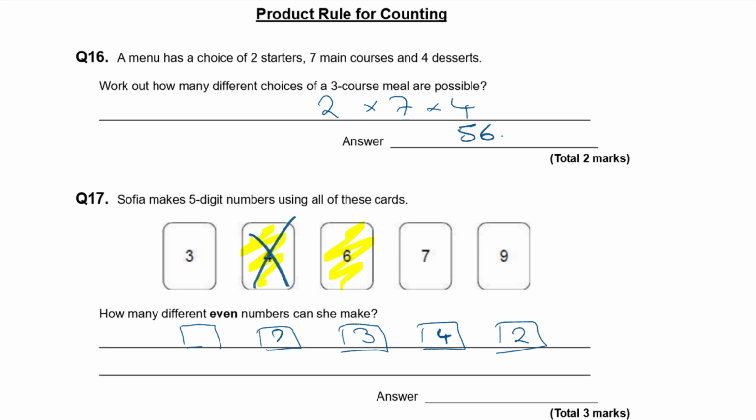Picking another one is giving me 2 selections, and then the last digit kind of picks itself because it's the one left over. So this one is going to be 1 times 2 times 3 times 4 times 2. Okay, so 2 times 3 times 4 times 2, that comes out to be 48. Okay, so there are 48 possible selections for those.